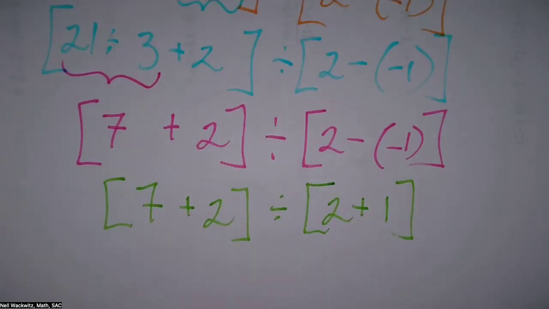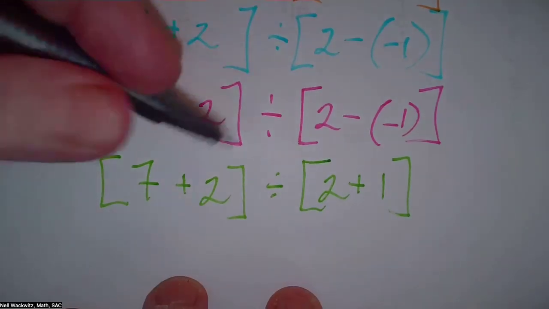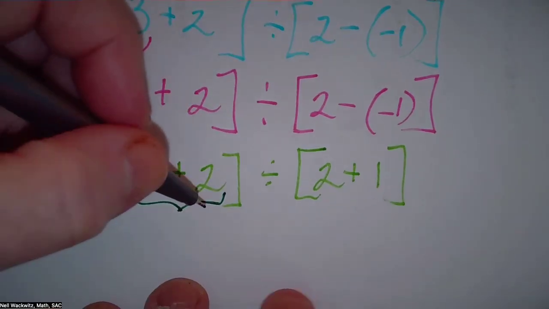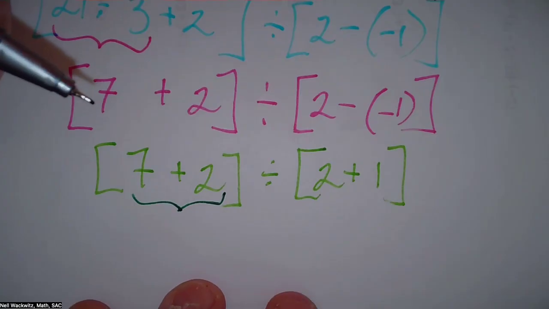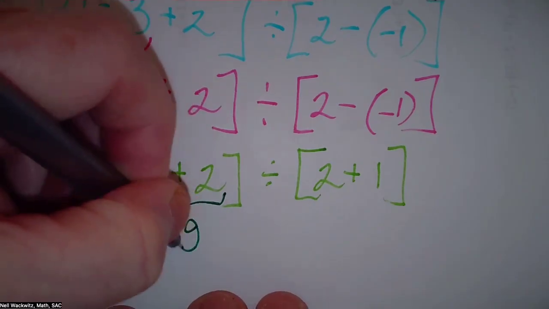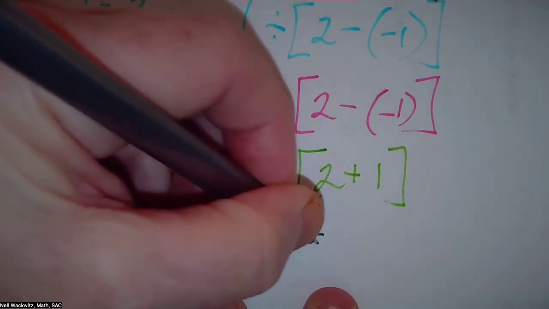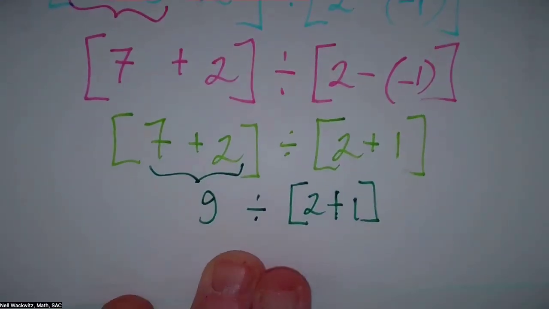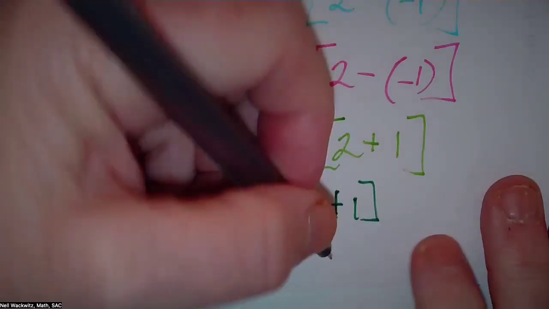Now what? Add the 2 to the 7. Okay. 7 plus 2 comes out to 9. Excellent. Alrighty, now what? 2 plus 1 comes out to 3. Good.